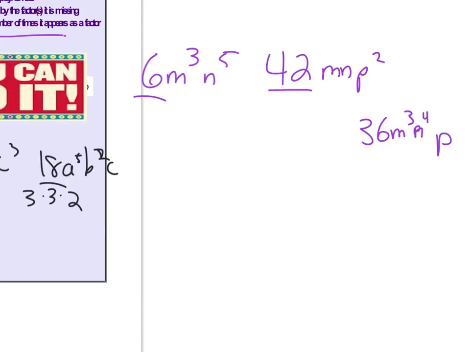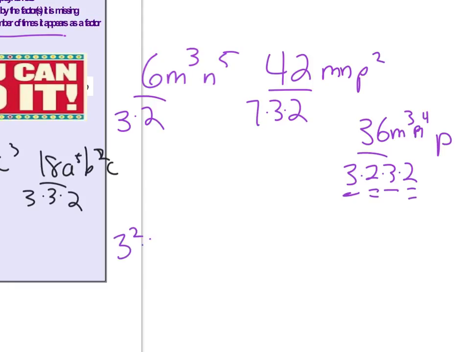So 6, 42, 36. If I break that down, that'll be 3 times 2. This would be 7 times 3 times 2. This would be 3 times 2 times 3 times 2. So 3 shows up twice, 2 shows up twice, so that'll be 3 squared times 2 squared times 7. So 9 times 4 times 7, so that'd be 28 times 9. I'm going to cheat and use a calculator.